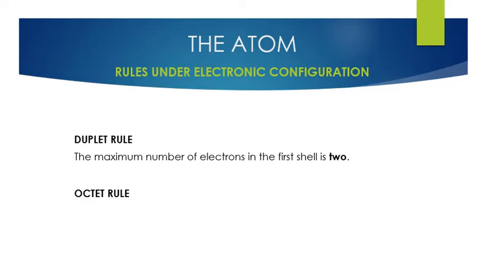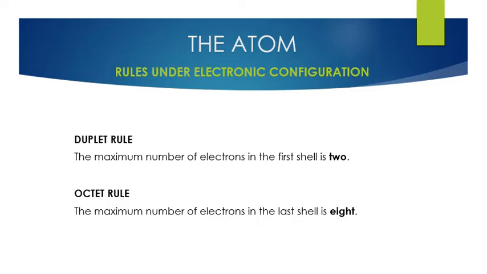So simply this prefix oct means 8. And so this rule is also based around the number 8, and it simply states that the maximum number of electrons in the last shell is 8.